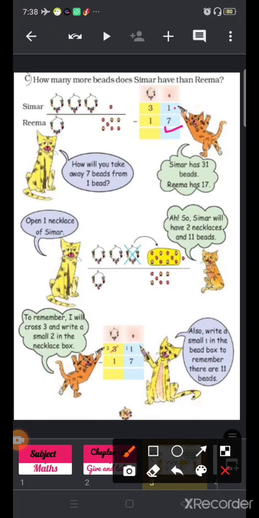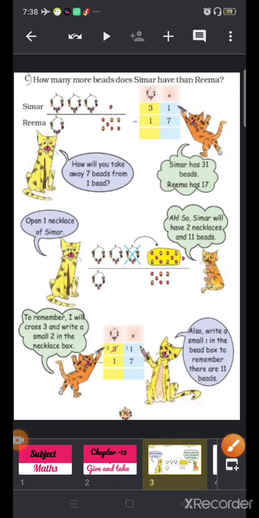This 1 will take 1 from its neighbor. And who is the neighbor of 1? This 3 is the neighbor of 1. So this 1 will take 1 from 3.